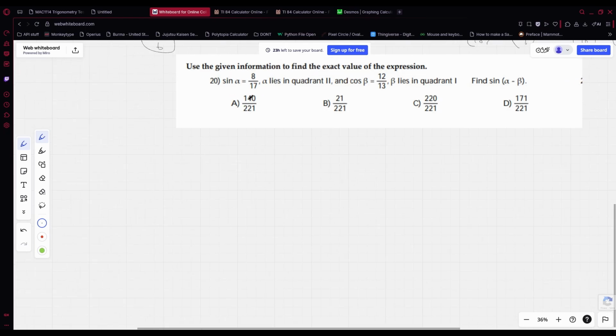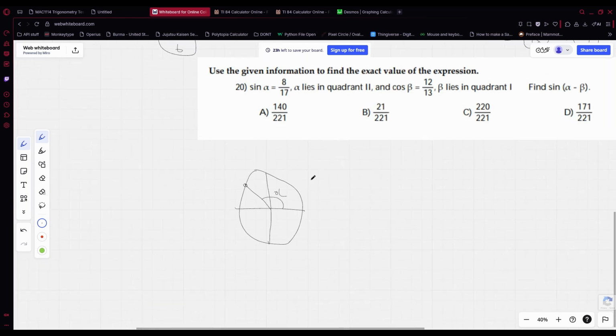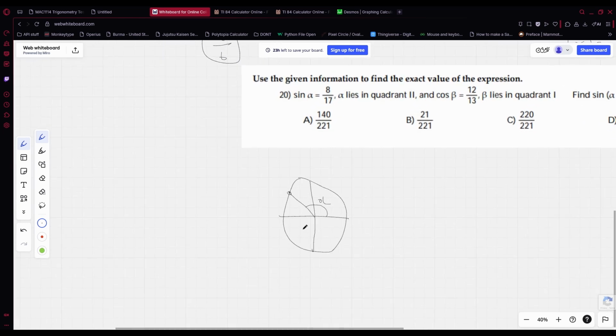So, sine alpha is equal to 8 over 17, and alpha lies in quadrant 2. So that means that if we have a unit circle, alpha lies in quadrant 2, so it's like that. This is alpha. And sine alpha is equal to 8 over 17. So we have 8 over 17.